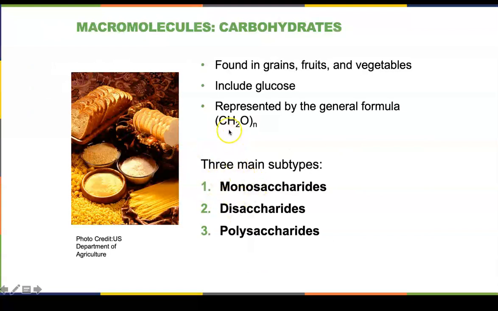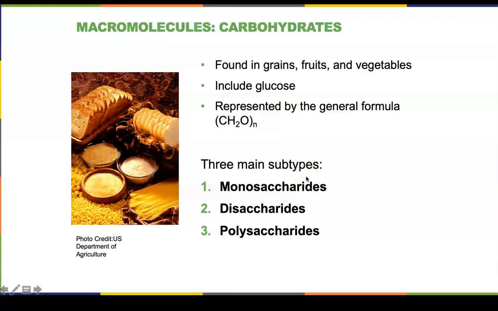So the numbers can vary as long as the ratio is the same. We'll see that this formula is the ratio for monosaccharides, for single subunits. When we start putting together disaccharides and polysaccharides, which have multiple subunits, then the ratio is going to change a little bit because of dehydration synthesis, and we'll talk about those details when we get there.